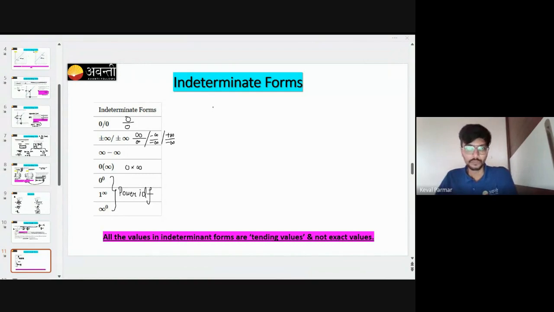Suppose I write case 1, exact 0 upon exact 0, case 2, exact 0 upon tends to 0.